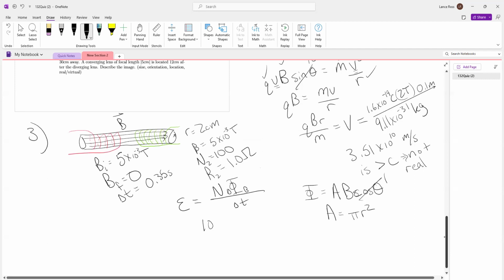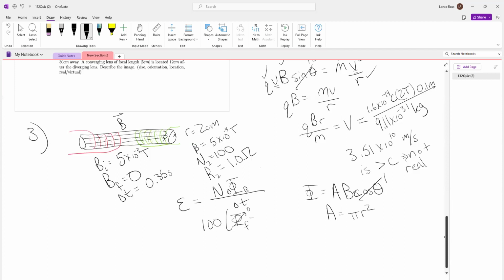So we've got 100 turns times flux final, which is 0, minus flux initial. Oh, do I not even have to calculate this? Because we were given, oh, we're given B. We're not given the flux. Okay.